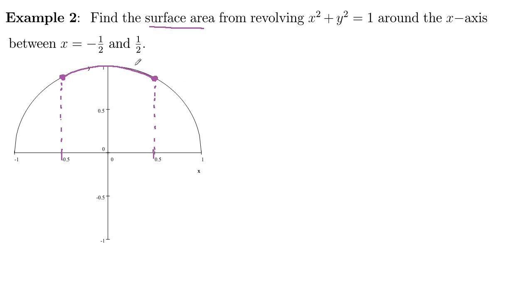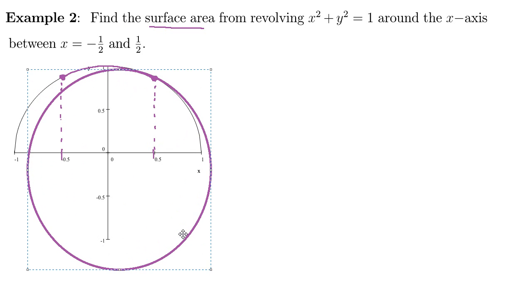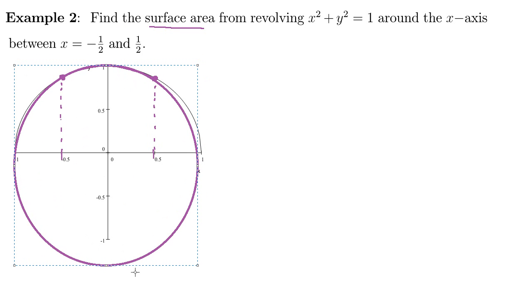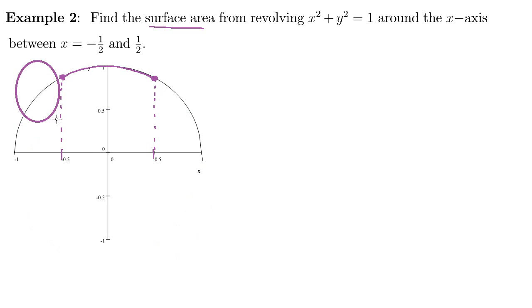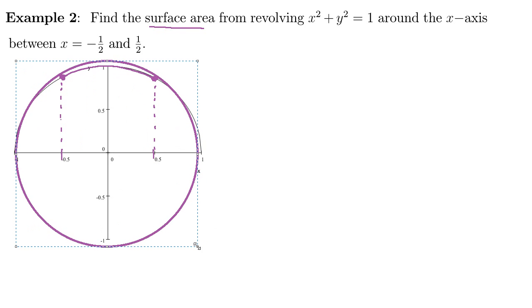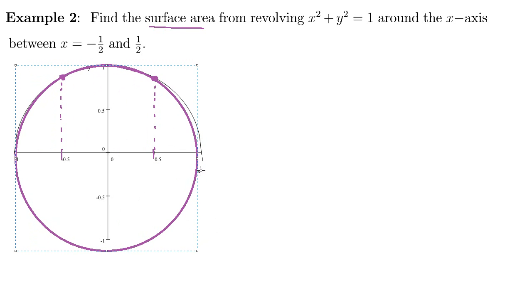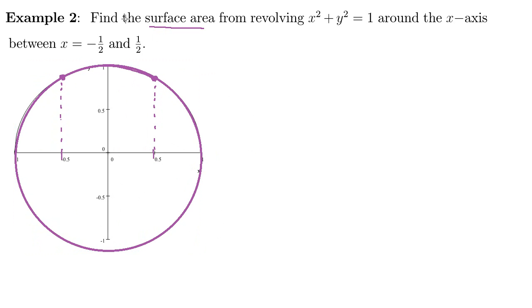Well, why don't we just go ahead and rotate the entire semicircle around. When we do that, we're going to get a sphere, so that's going to look something like this. And if we follow these guys down here, then what we want to find the surface area of is this strip that goes down the middle of the sphere.